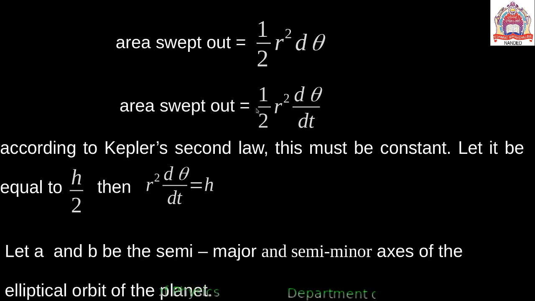Now, according to the law of periods, there are two points A and B describing the semi-major and semi-minor axes of the elliptical orbit of the planet.